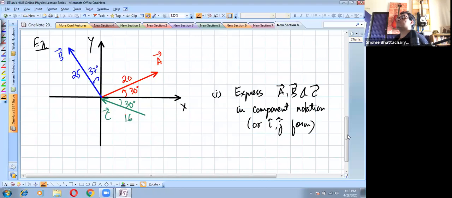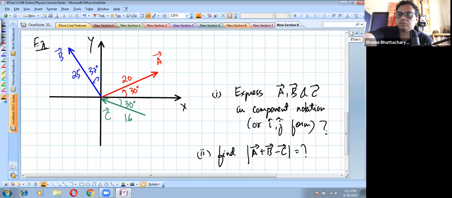Express the vector in I cap j cap form, and then find the magnitude of the vector A plus B minus C. Okay. So also find me the magnitude of this vector. So quickly, let's just work this out, and that should be a good sort of warm-up exercise to just quickly recall the concepts that you've been using all of this week.